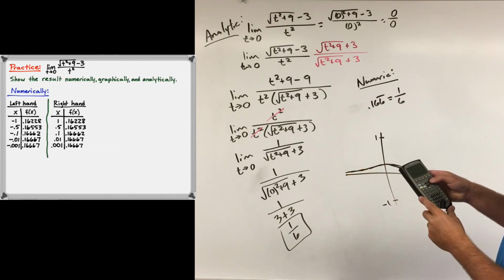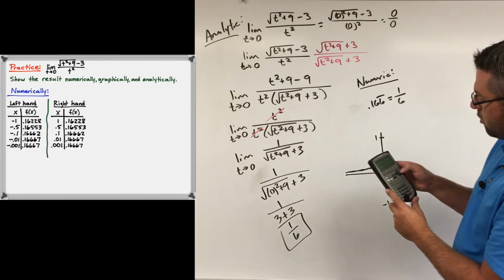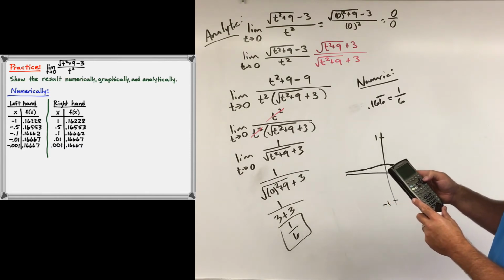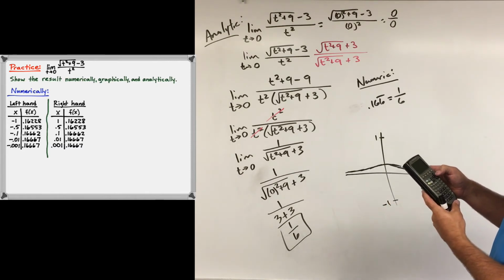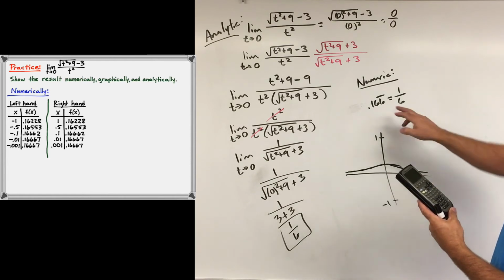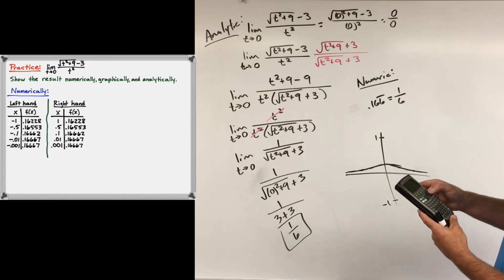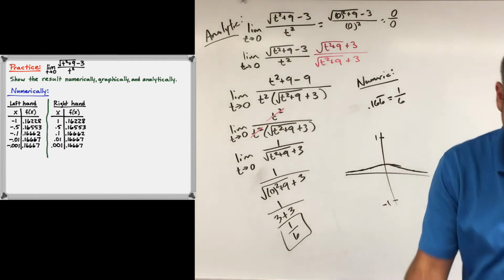You can see that the y value goes 1.622, 1.63, 1.64, 1.65, 1.655, 1.660, 1.663. So you can see it's approaching this. And then if you do the same thing from the right, you'll see that it's actually approaching that.